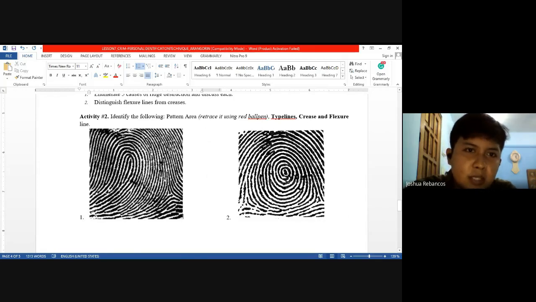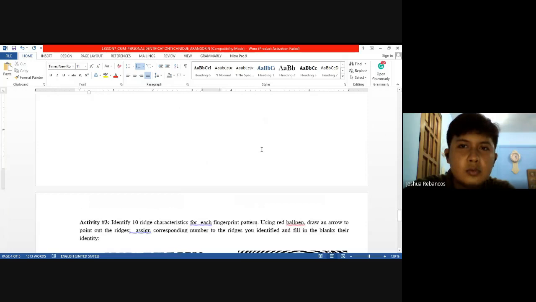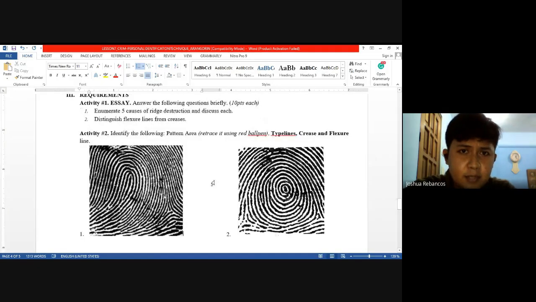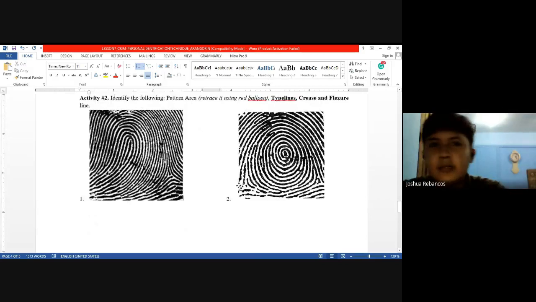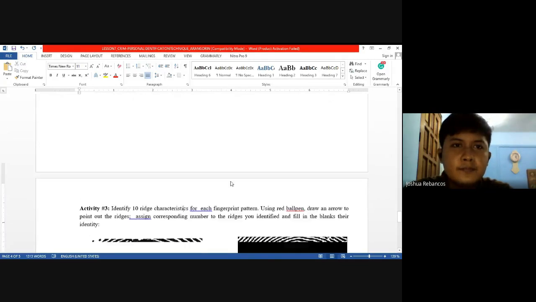I-identify nyo lang kung saan yung mga creases dito, kung saan yung mga flexure line, kung saan yung type lines. Tinuro ko na, pero nasa inyo kung susunod yung tinuro ko. So, use red ball pen. Kaya gamit kayo ng papel, ilagay nyo, itapat nyo, i-retrace nyo.